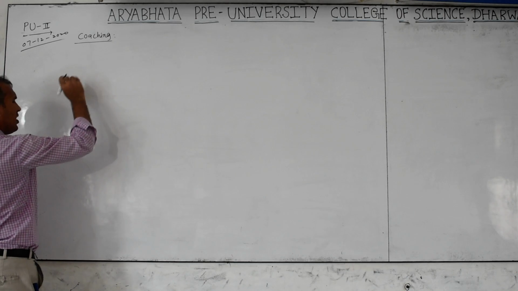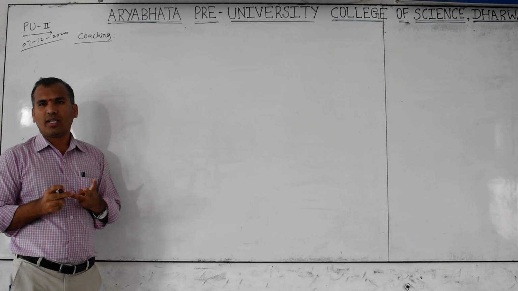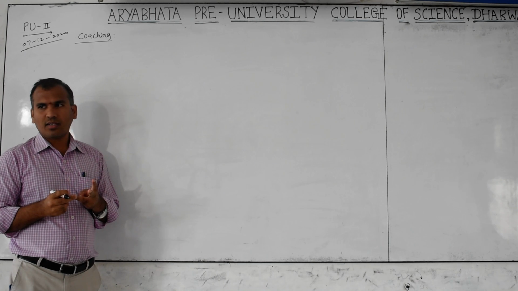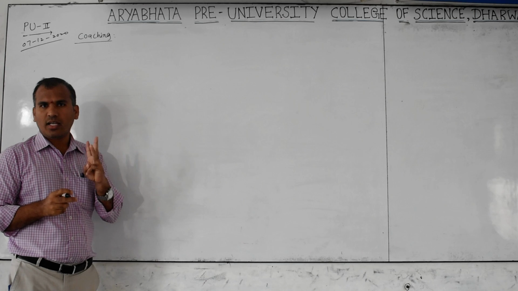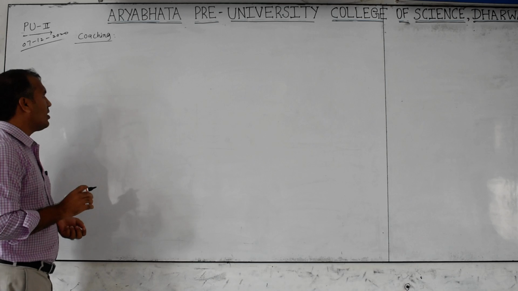Now, in the last class I also discussed three terms: asymmetric carbon, chiral center and stereo center. What is the difference between these three statements?